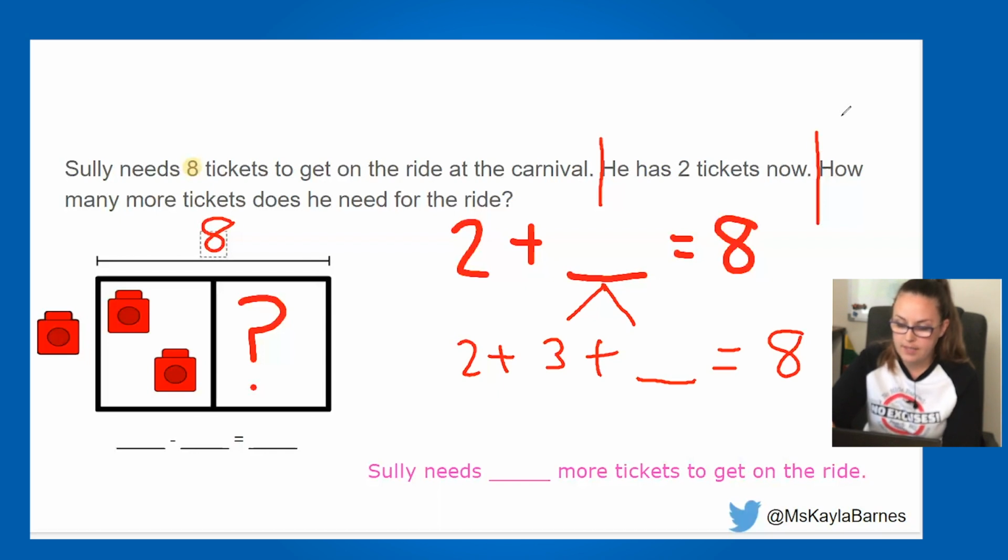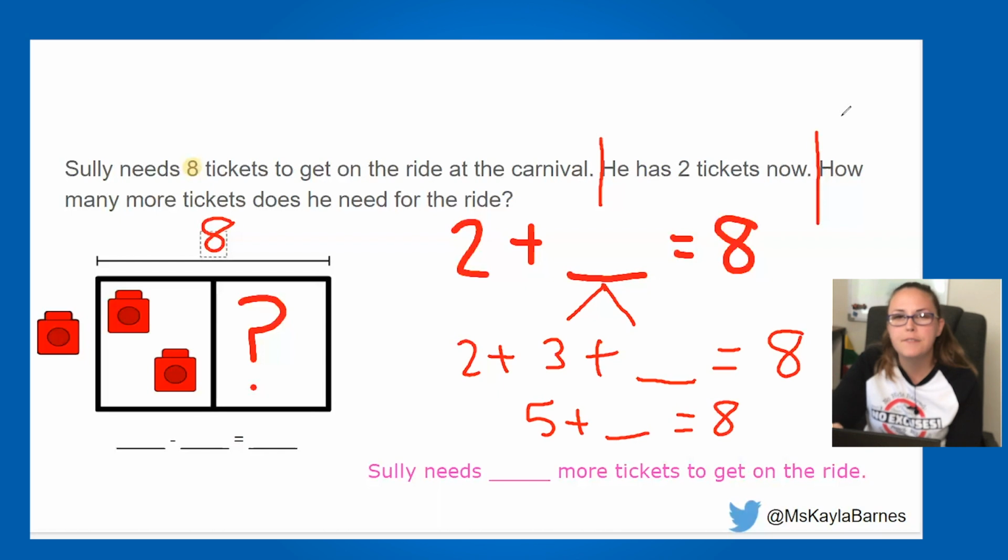So the parts of the missing addend are 3 and something else. Well, now I can see that 5 plus something else equals 8. Well, how do we get from 5 to 8? That's right, we add 3. So 5 plus 3 equals 8, which means if we go back up, 2 plus 3 plus 3 equals 8.